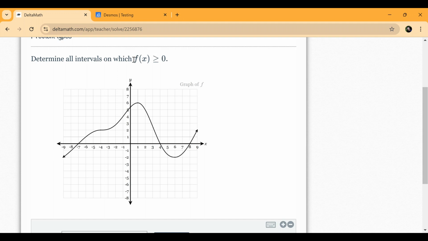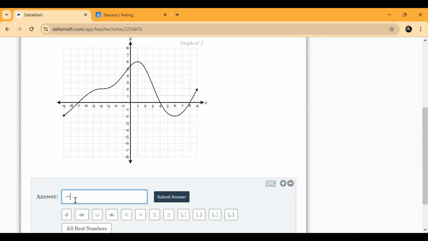And because we can also include the ones that equal 0, positive or equal to 0, I want to say that -7 is less than or equal to x, you can either click the button or type less than and then an equal sign, and then it stays positive all the way till I get over here, and then at 4 it's going to switch. Right at 4 it's still 0, so we're going to say less than or equal to 4. So that's the first piece where it's positive.